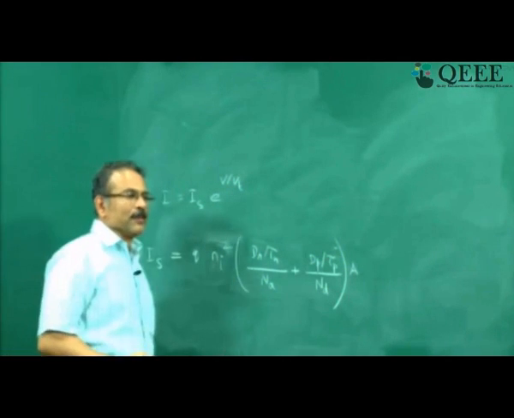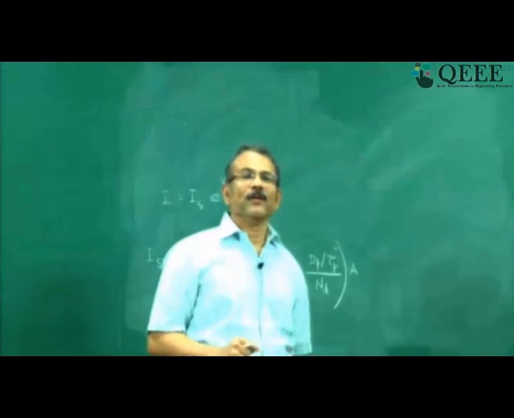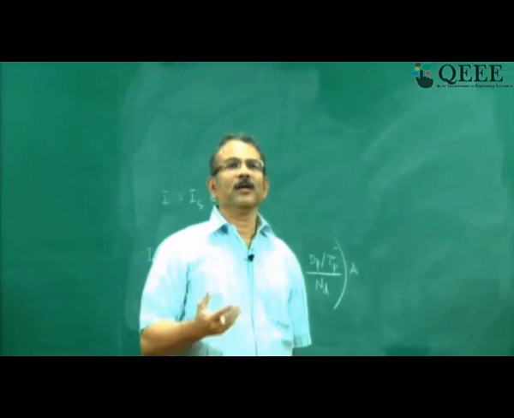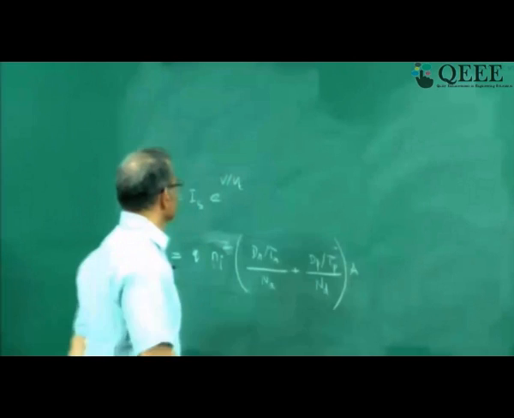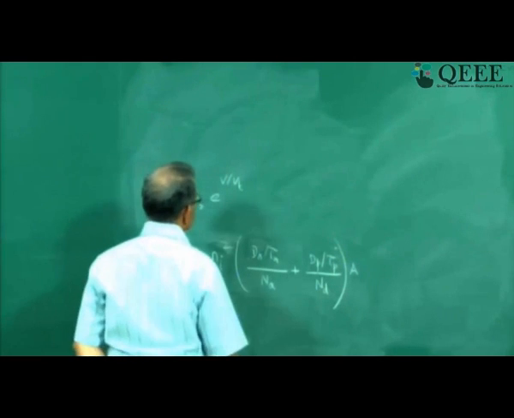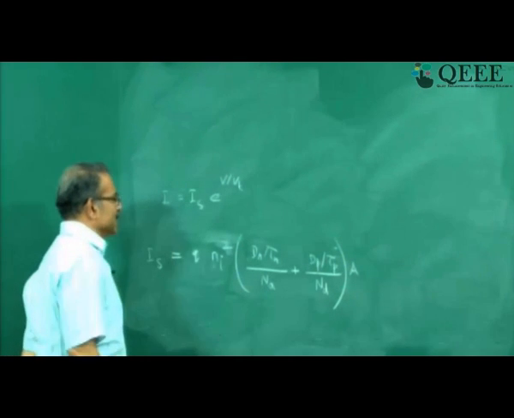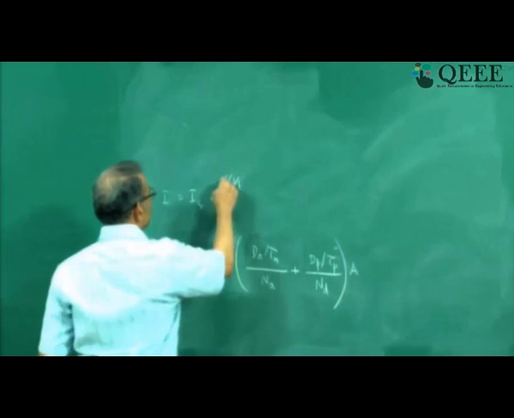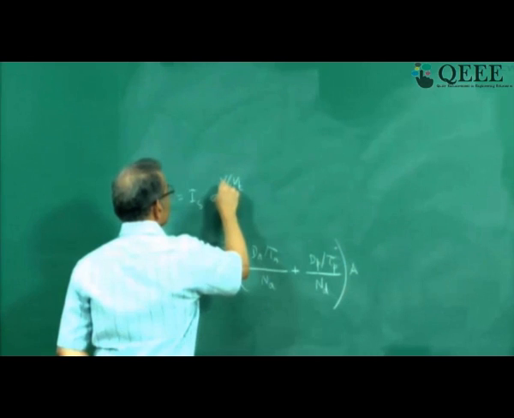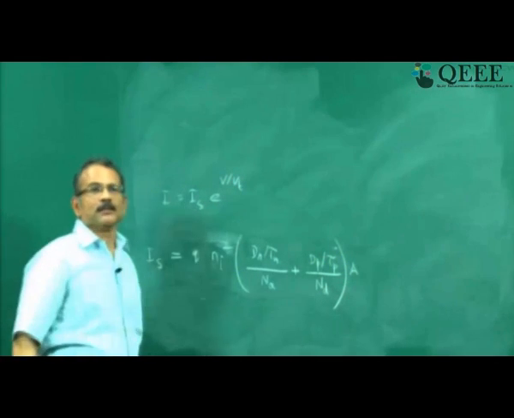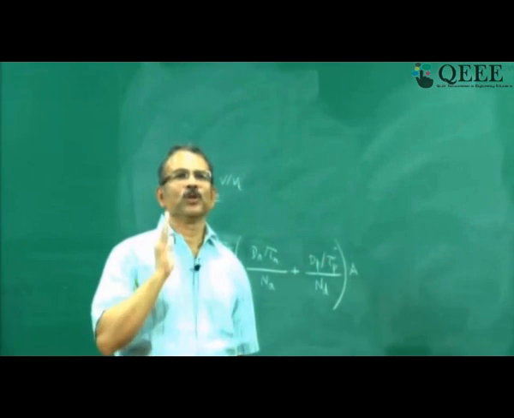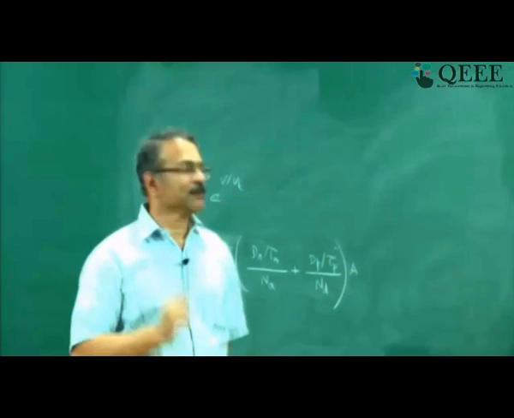But then still there can be a mistake where I might have forgotten to put some terms of the same units or constant terms. How do I check that? So let us check this equation for limiting cases. Supposing I put V equal to 0, I should get 0 current. This is one of the checks we should do with all current voltage equations.